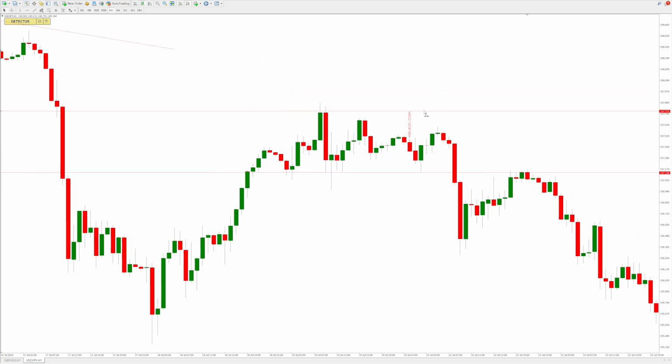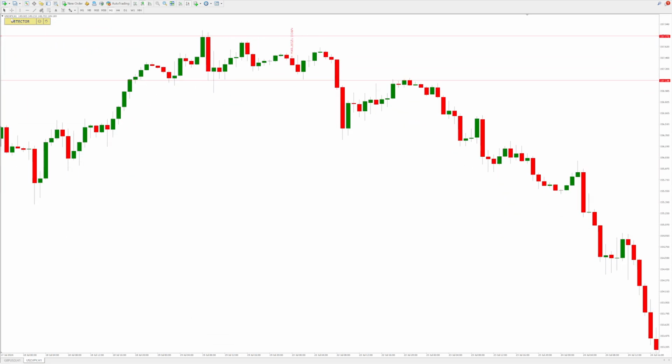So yeah, once you've seen this Marubozu appear, you can see price coming away from resistance, so you know that, okay, again, lower highs, there's still some momentum in this downtrend, lower high.